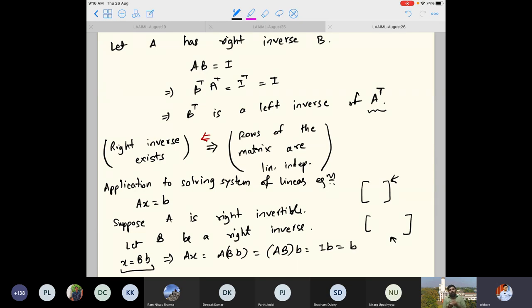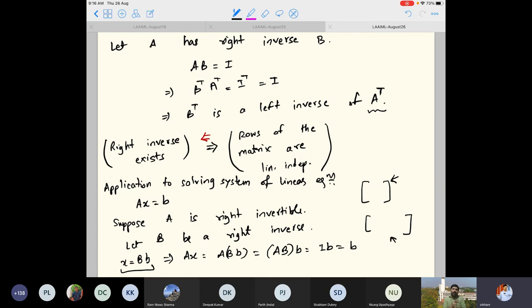And in case of an underdetermined system, if your matrix is full row rank, we are assuming that the matrix is right invertible, then we are saying that we will always have a solution to this system of linear equations. This system of equations is always solvable if A is right invertible.